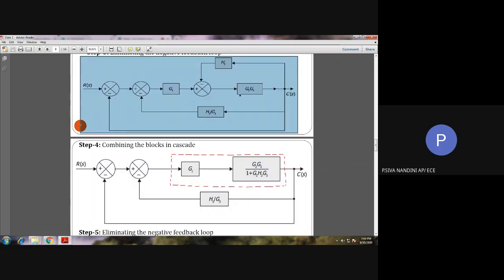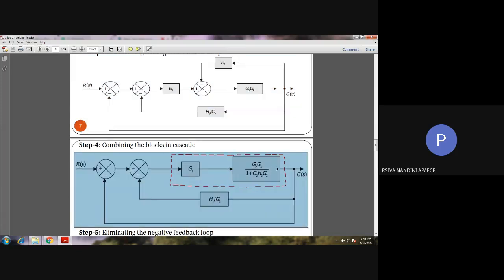The negative feedback loop, the forward path G2 G3 and the feedback path H2 along with the summing point is gone and we got a single block with the reduction formula. Okay. The rest of the block diagram is as per the previous step number 3. See here, again we got two blocks in cascade.